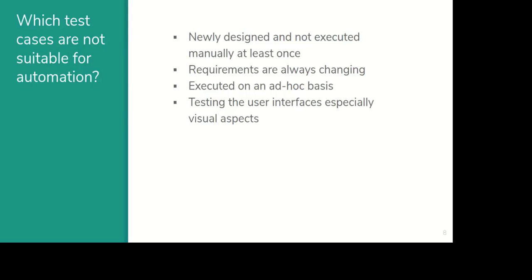Ad hoc testing is executed without preparation and written test cases. During ad hoc testing, the QA specialist randomly tests the functionality of the system, and the aim is to be creative, break the system and discover flaws.